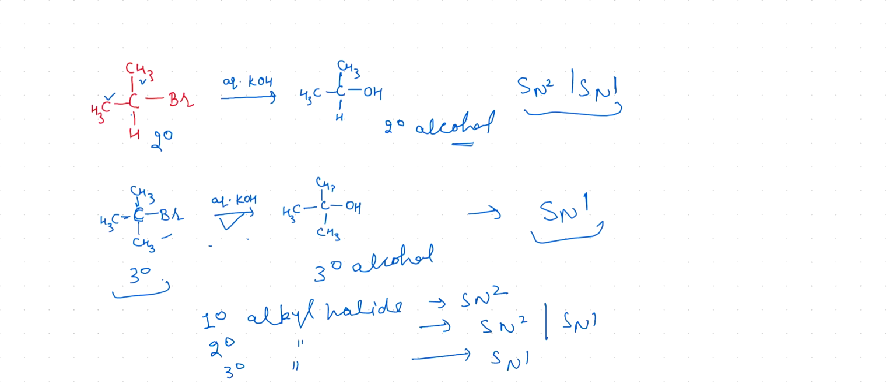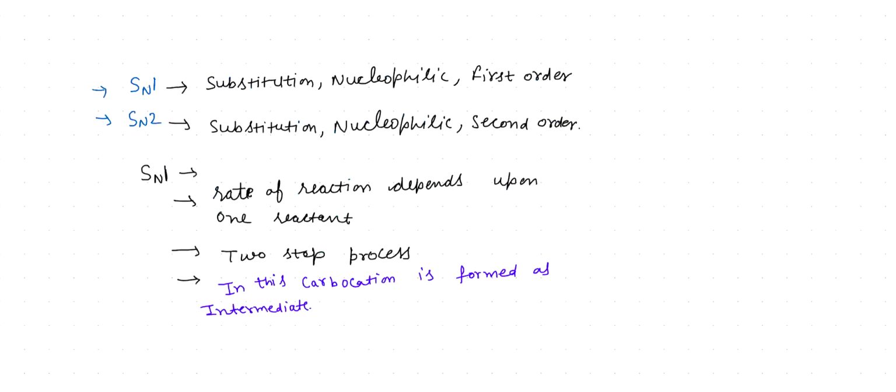So what are these mechanisms, SN1 and SN2? Now we will discuss these mechanisms. The basic concept was that the nucleophile will attack and the leaving group will be expelled from the substrate and there is formation of product. Let's see SN1. What is the meaning of SN1?